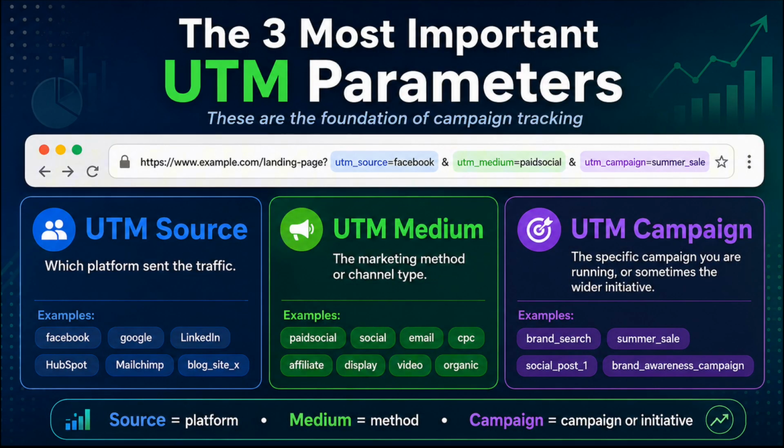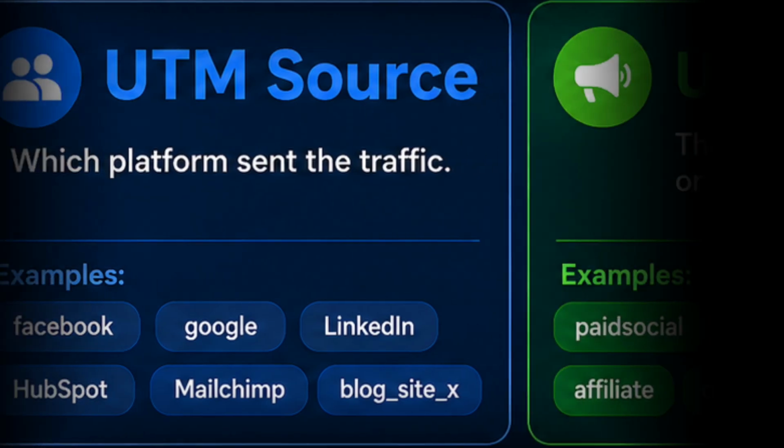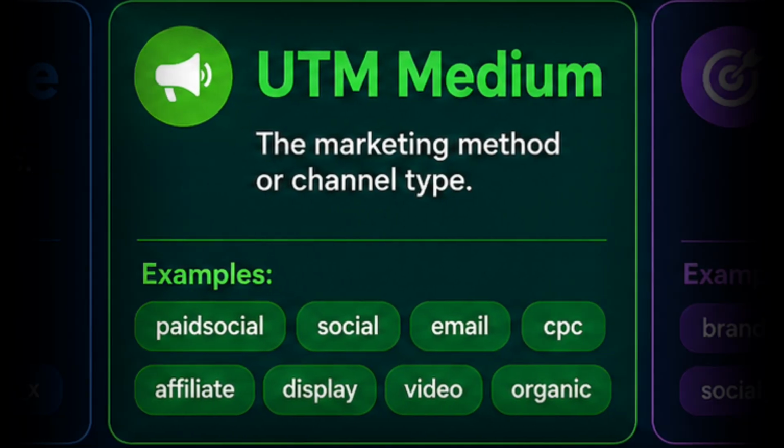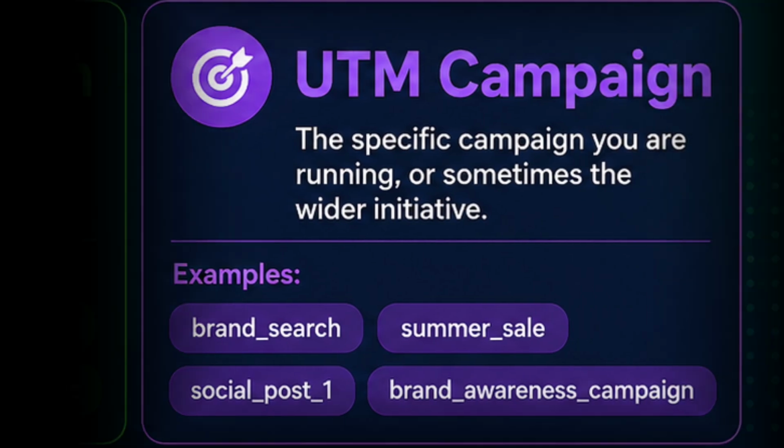The three most important parameters are UTM source, which is the platform that sent the traffic, for example, Facebook, Google, LinkedIn. UTM medium, the marketing method, such as paid social, email, CPC, or organic. UTM campaign, the specific campaign you're running, or sometimes initiative as well.